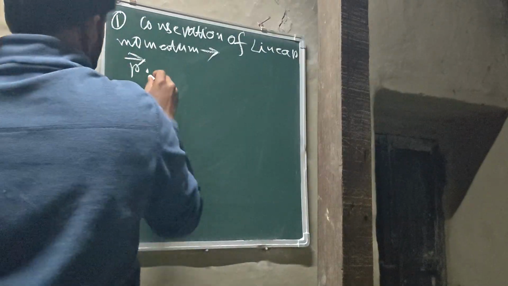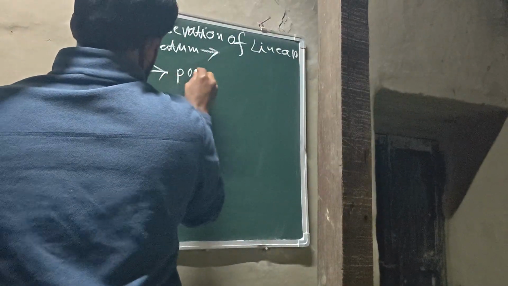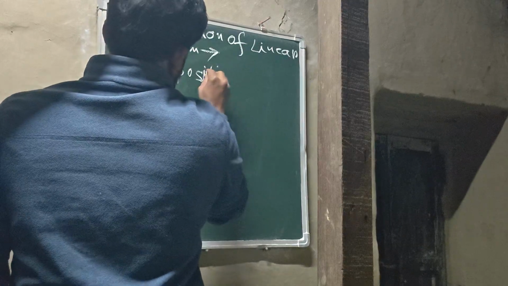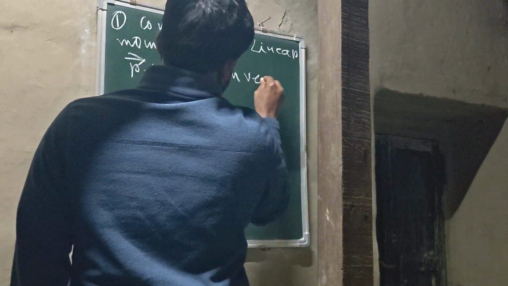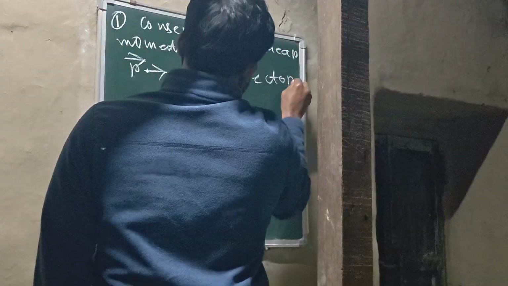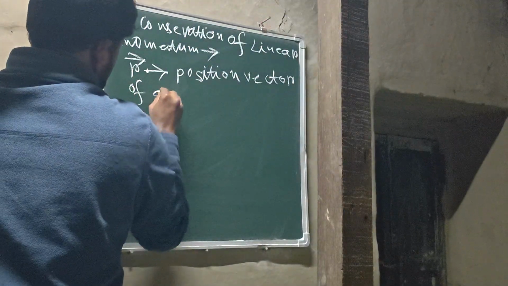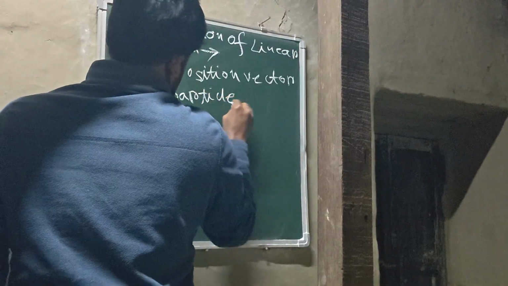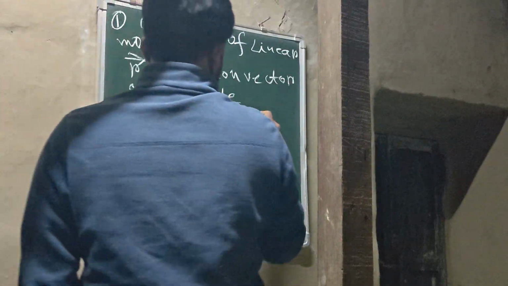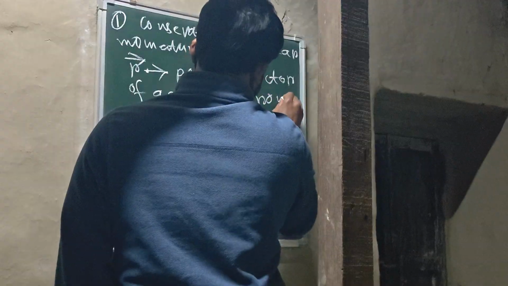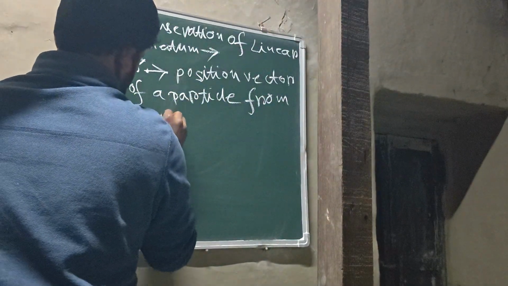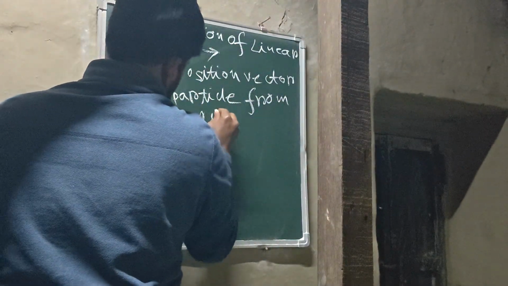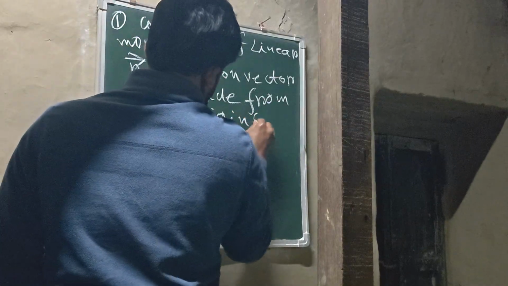The r vector is the position vector of a particle from some origin O.